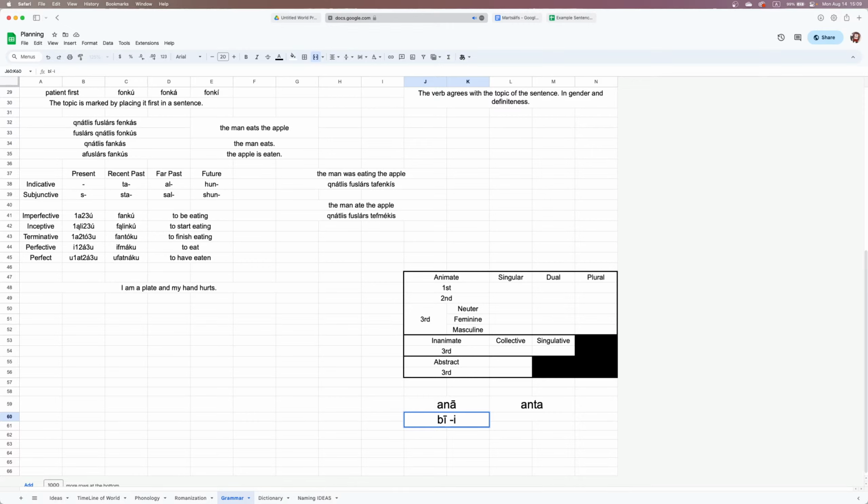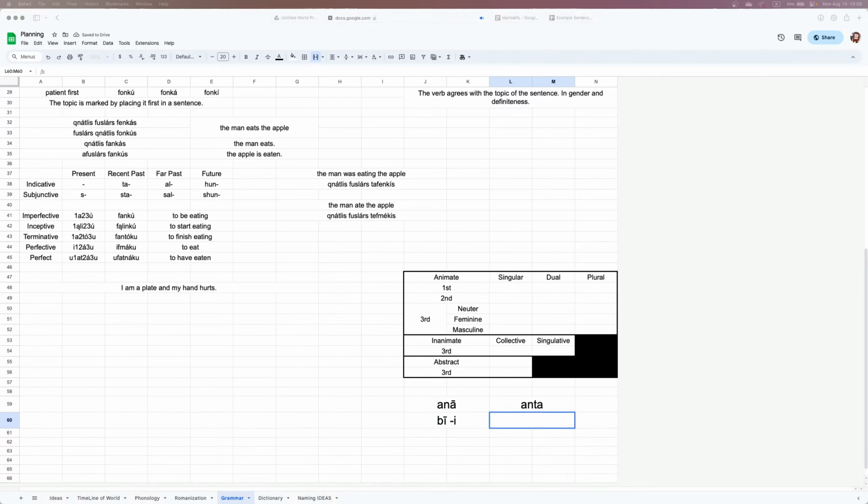And with you would be bika, where ka is a clitic on the thing. So there are quite a few ways to do this.